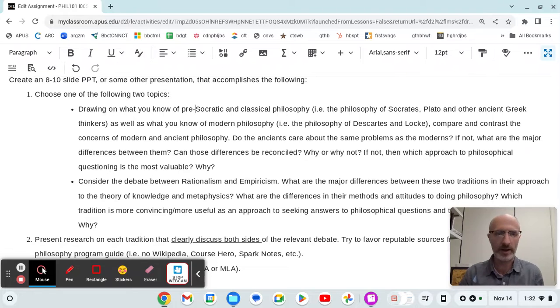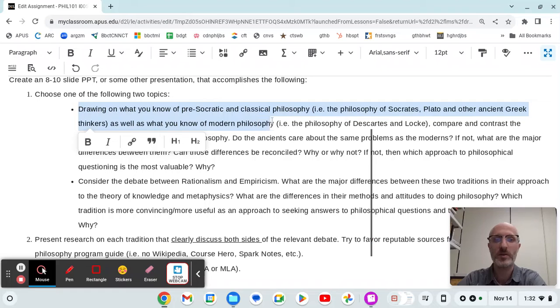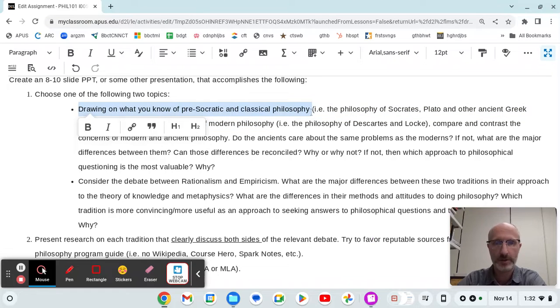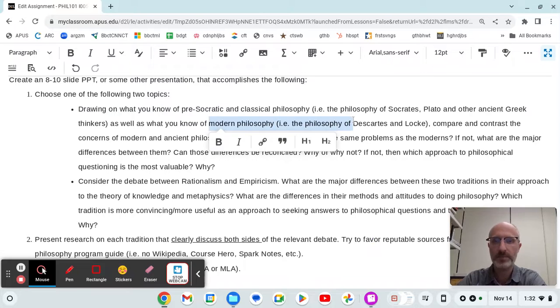I'm just going to say, to me, the first option seems hard. I didn't write these prompts. Comparing the sort of problems and questions of classical philosophy to the problems and questions of modern philosophy is a challenging question. That's sort of a warning.